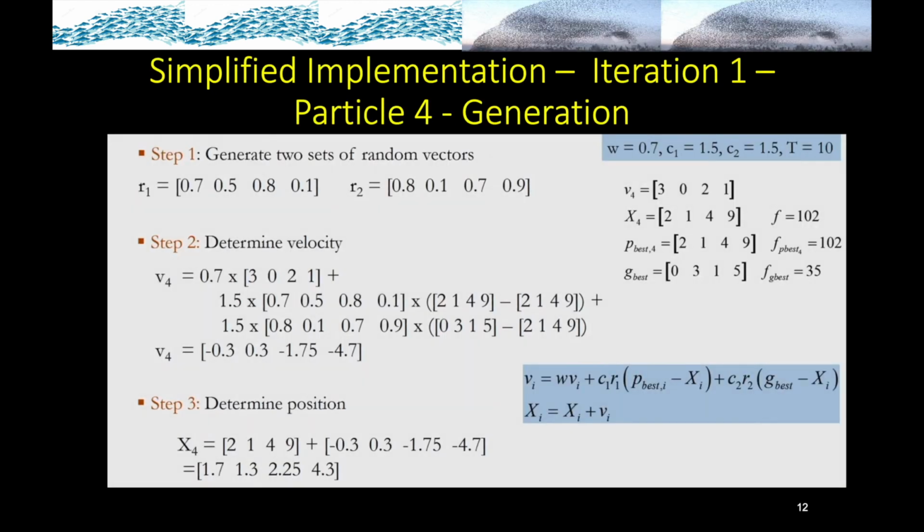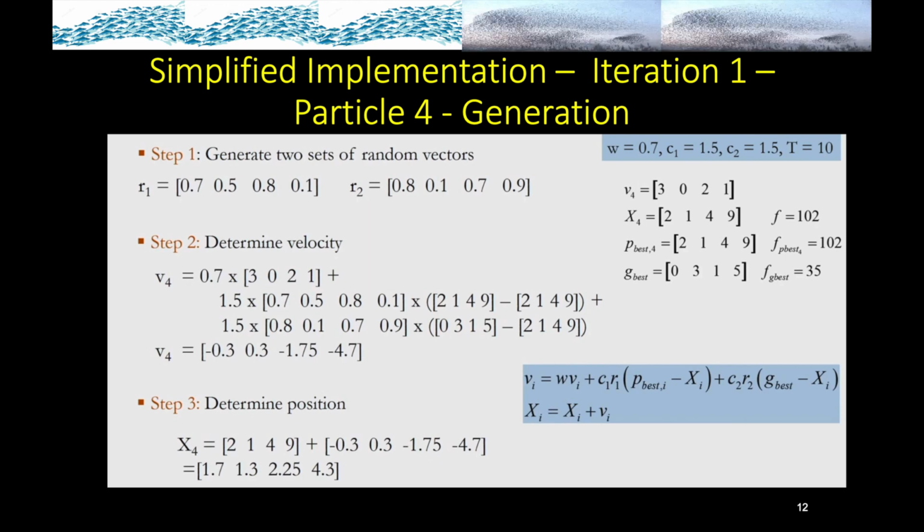We'll repeat the process that we have done for particles 1, 2 and 3 for particle 4 as well, with two steps. The first is the generation step and the second is the update step. In the generation step, we first generate two sets of random vectors of size 4 cross 1 cross 4, and then we have all the parameters set.